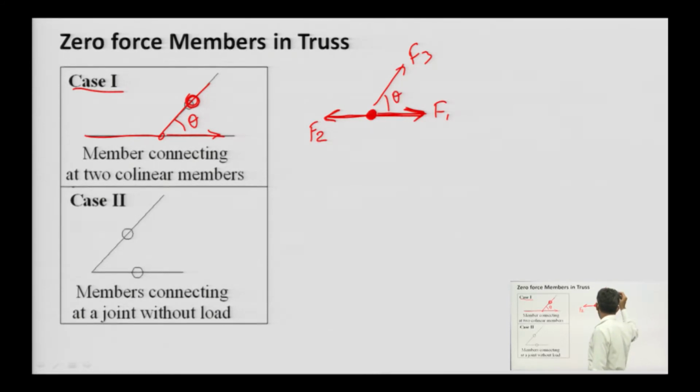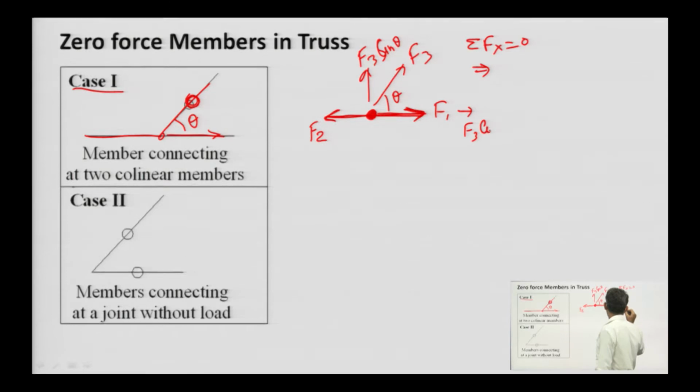So, if we apply the equilibrium equation, sigma Fx equal to 0, then what we will get? We will get the vertical component, F3 sin theta, and on this side F3 cos theta, okay.